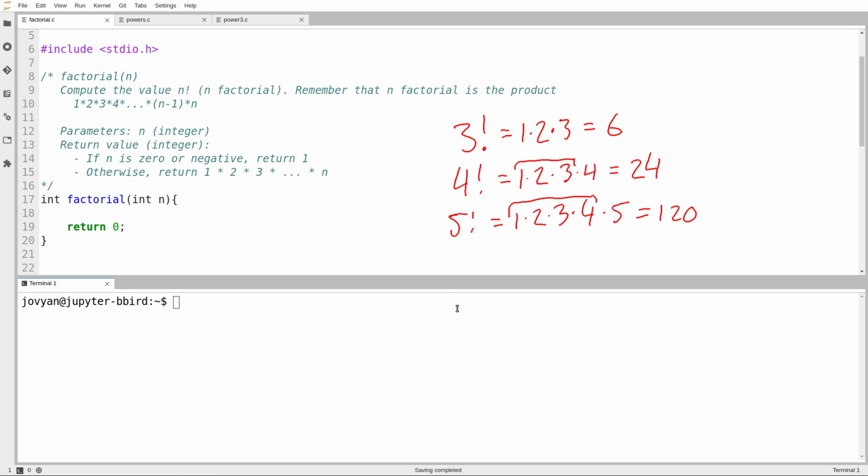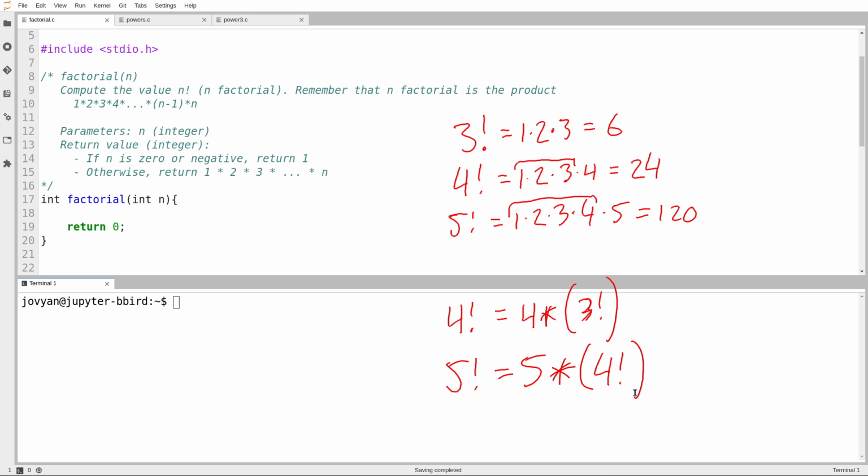In fact, maybe I could even write it like this. 4 factorial equals 4 times 3 factorial. And 5 factorial equals 5 times 4 factorial. That's interesting. Maybe that'll make it easier to compute.